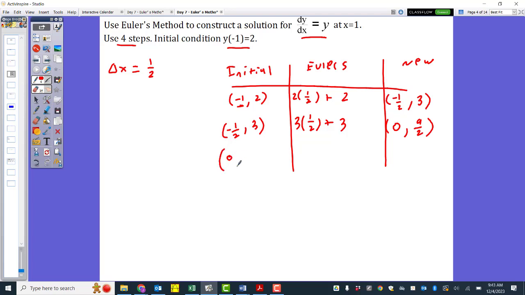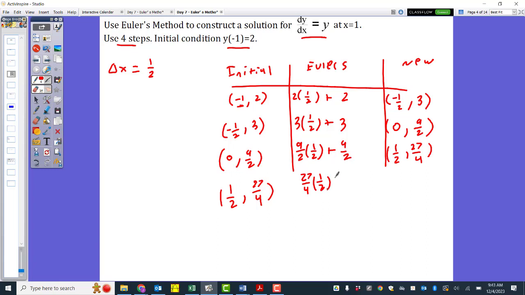Now we have 0, 9/2. This is going to start getting real ugly real fast. So we have 9/4 plus 9/2, and we get 27/4. And our new x is 1/2. So we have 27/4 times 1/2 plus 27/4.